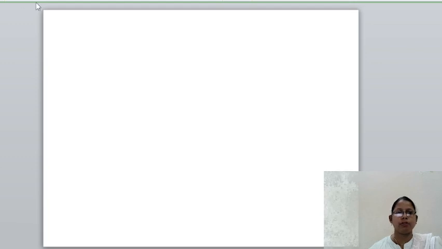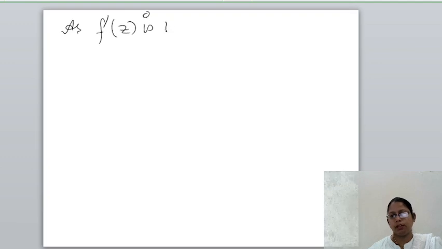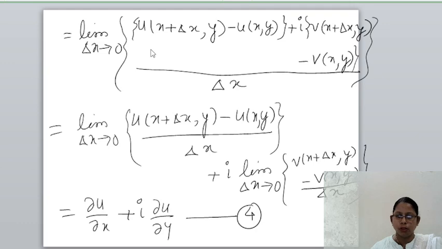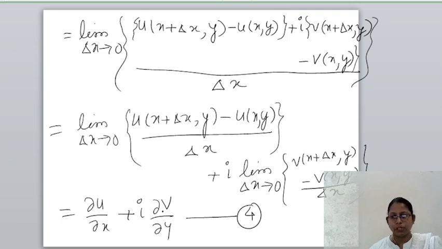As the function is differentiable, as f'(z) is unique, we have what is the right hand side of 4, that is del u by del x plus i del v by del x.